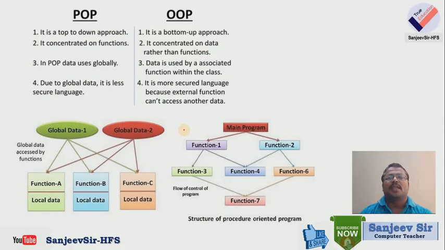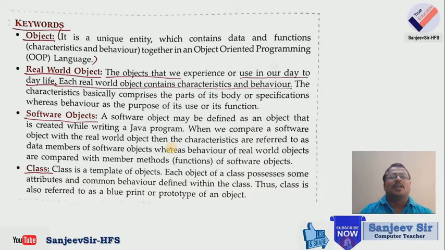Next thing, that is the same thing that we have discussed in a pictorial way that is given here. Now the concept of object: what is that object, real world object, software object, and a class. You know that all the surrounding things, whatever are there, that is data, that is object, a unique entity that can contain data and functions together.